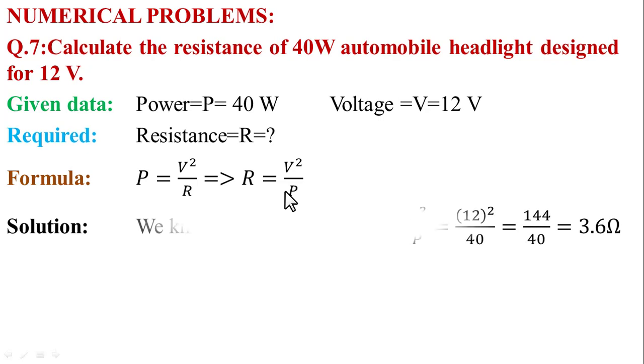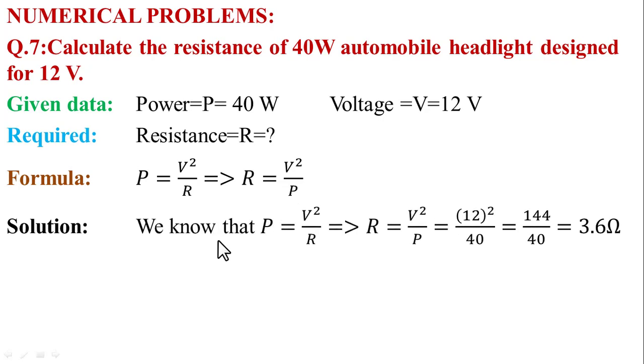Putting the values and to find the solution, we know that P is equal to V square upon R. This implies that resistance R is equal to V square upon P. Putting the values: 12 square divided by 40.